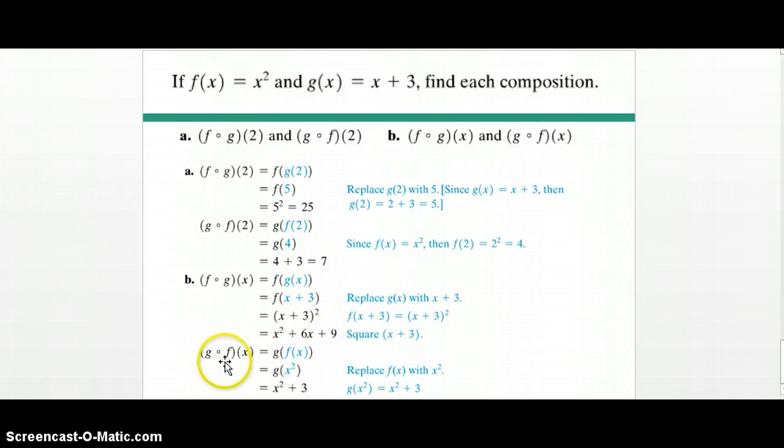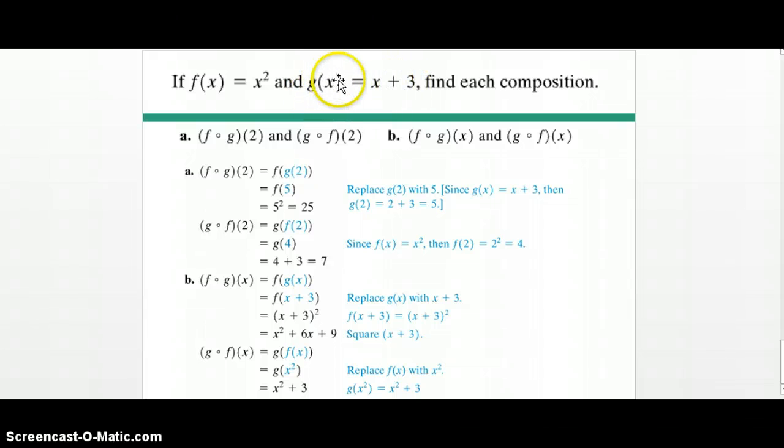Now g composition of f of x equal to g of f of x, and f of x is equal to x square. So replace f of x with x square. So g of x square, now you substitute the value of x square in g function.